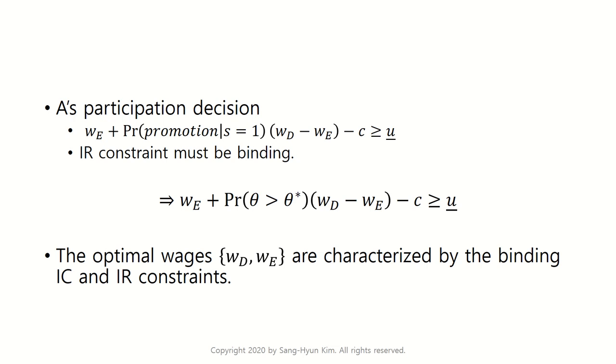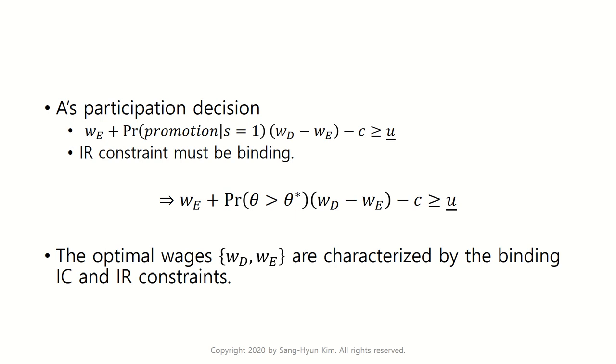So we have the participation constraint, and we have the incentive constraint. We just saw that in the previous slide. So we derived the incentive compatibility constraint, and we have the individual rationality constraint, and then we can derive the optimal wages, WD and WE.